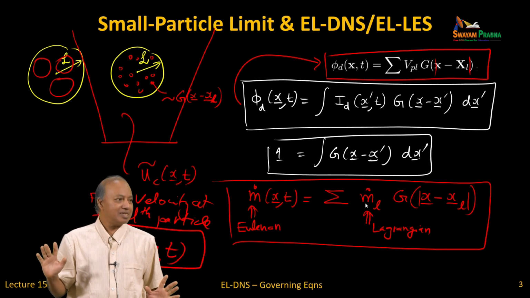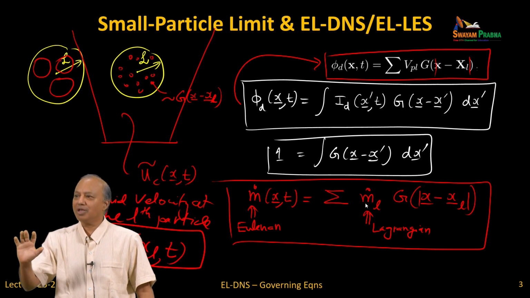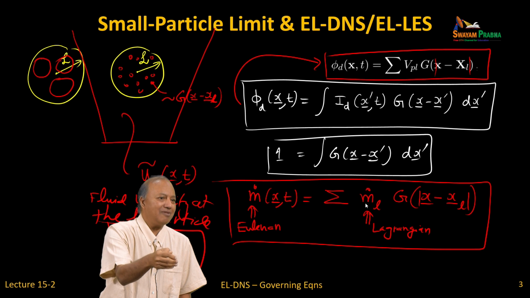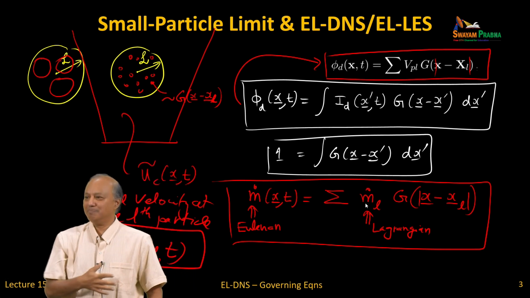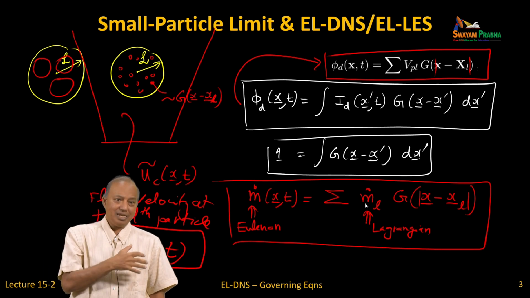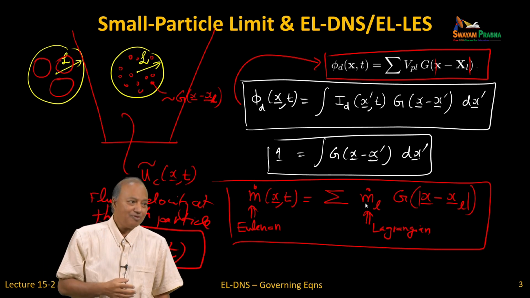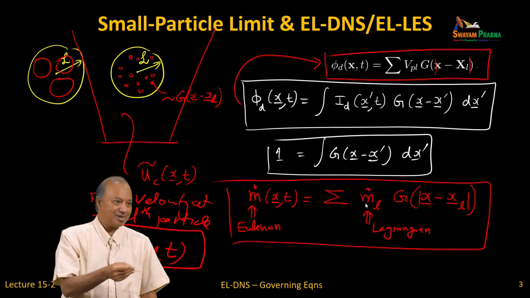There is nothing else. So this gives a very clean way of going from particle level detail to how it affects the fluid. Now, similarly, you will need to know the fluid velocity at the particle. There you will have to do the interpolation.